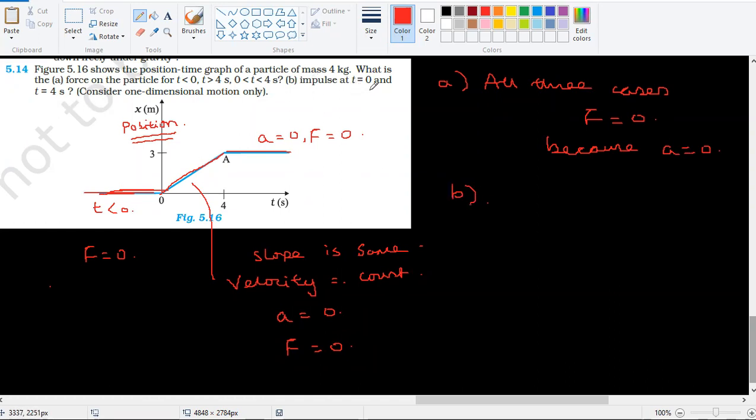Impulse at t equal to 0, t equal to 4 seconds. So what is the impulse here? The impulse of the particle will remain 0 only as of now. But when it reaches 4 seconds, there's a change.